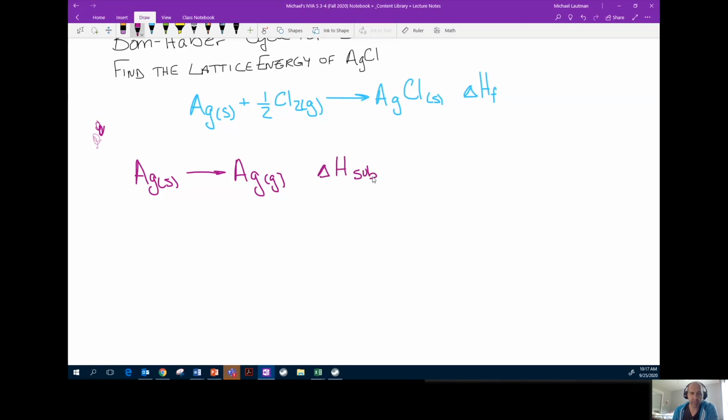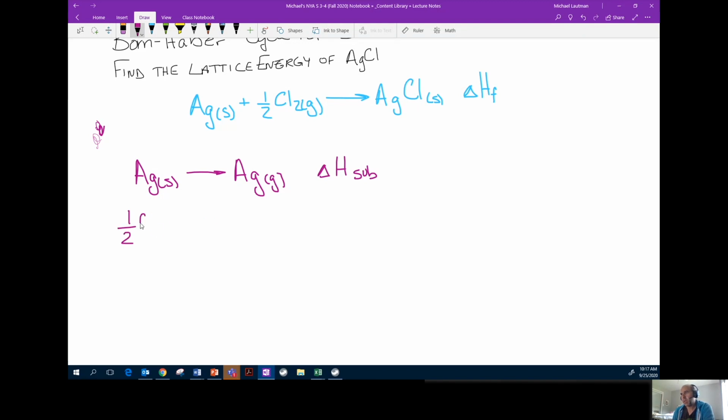Sometimes some examples will just number the steps in the reaction. I prefer to be descriptive. That's just my preference, but it helps me organize my thoughts. So I've got gas phase silver. Chlorine is already a gas, so I don't need to get it into the gas phase, but I do need to get it as an individual atom.